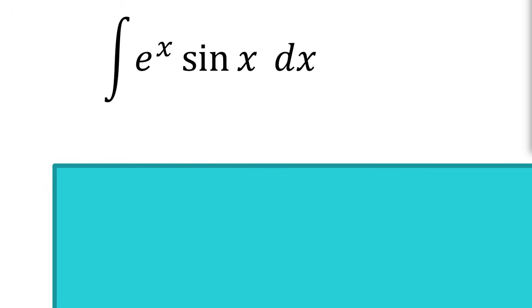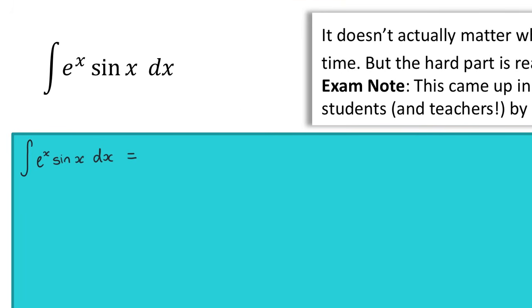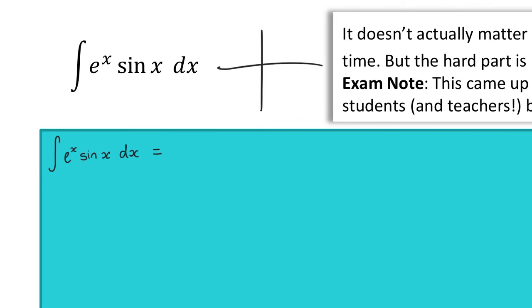Okay, here we go. So we know that the integral of e to the x sine of x with respect to x equals. So let's just get our little box going. Doesn't matter which way we do this. Does it matter really? No. So e to the x and sine of x.